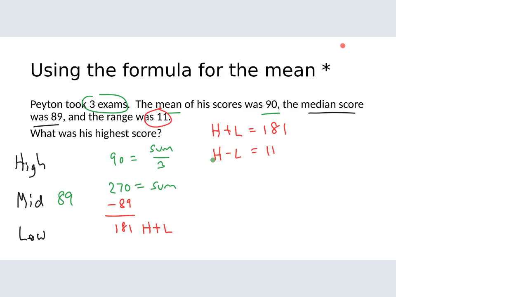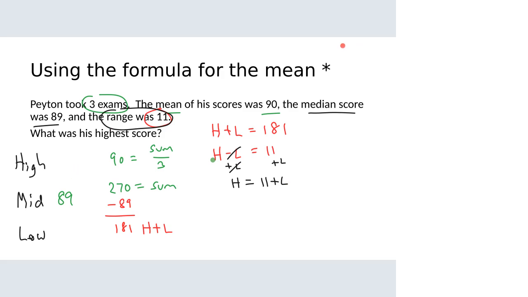This is where substitution comes in. If I add low to both sides, those cancel, and I found out that the high score must be 11 plus the low score. And that makes sense, right? The range is 11. So if I took the low and added 11 to it, it would give me the high. So that makes sense.